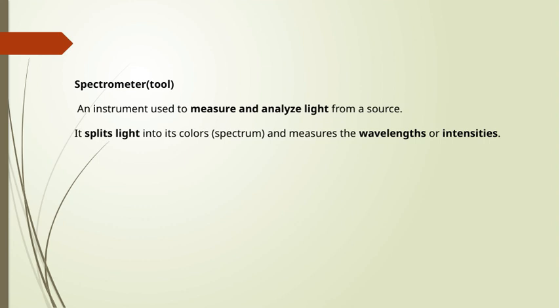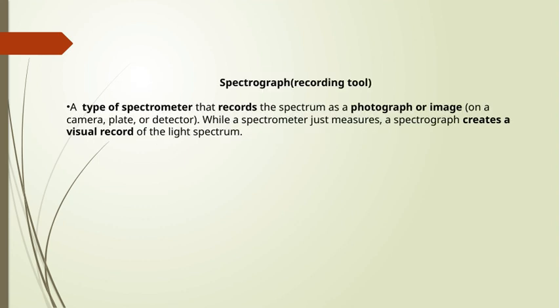by light itself. A spectrograph is a type of spectrometer, but what sets it apart is its ability to record the spectrum visually. Instead of just measuring the light, a spectrograph creates a photograph or an image of the spectrum itself. Think of it like taking a picture of the light's signature. While a spectrometer simply measures the different wavelengths, a spectrograph captures a visual record, which can be really useful for analyzing and comparing spectra later on.